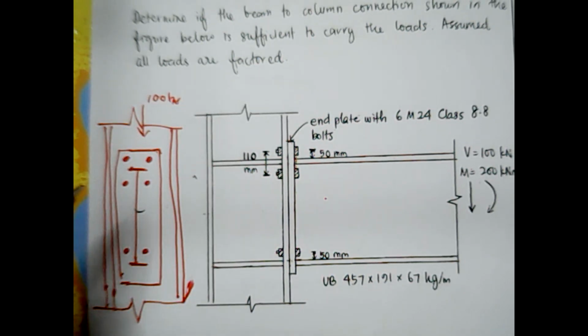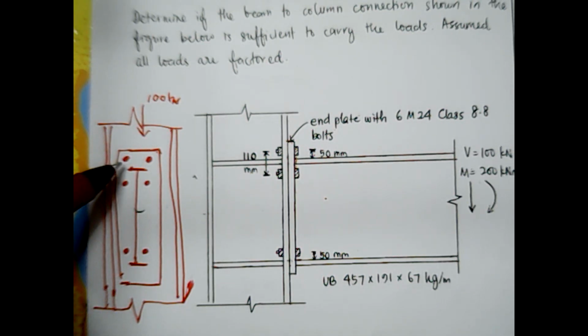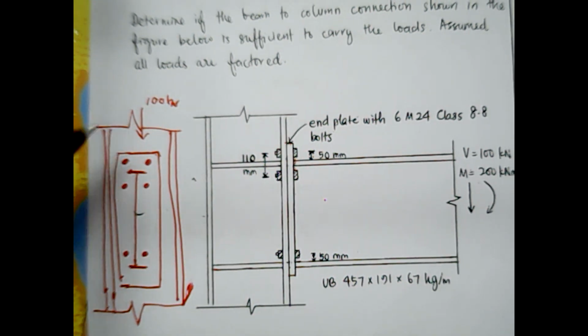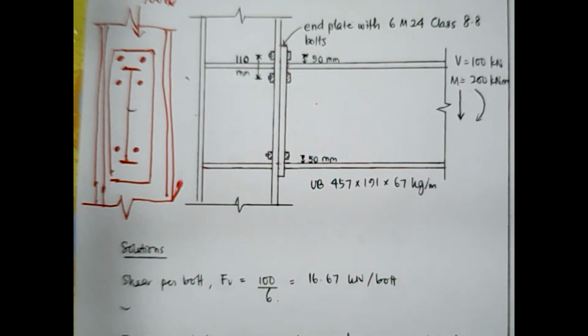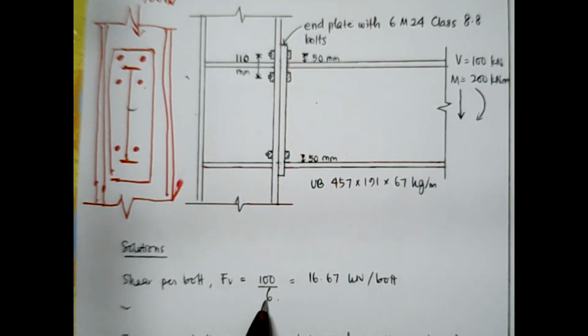We need to determine the shear that will be carried by each bolt when you have altogether 100 kilonewton. So this 100 kilonewton must be divided by 6. Why 6? Because you have 1, 2, 3, 4, 5, 6 bolts.